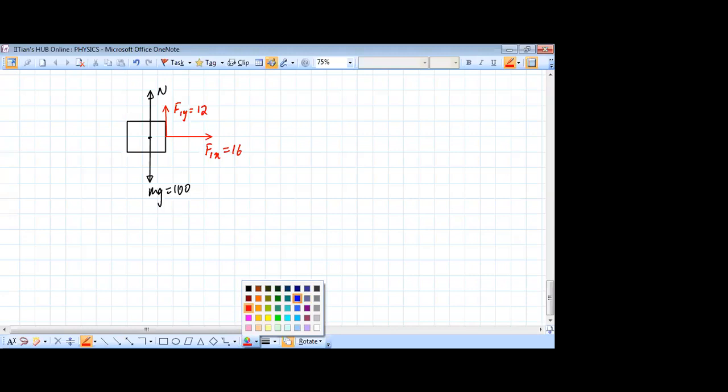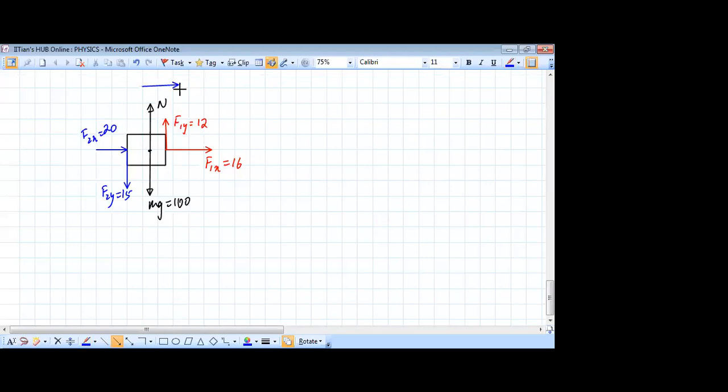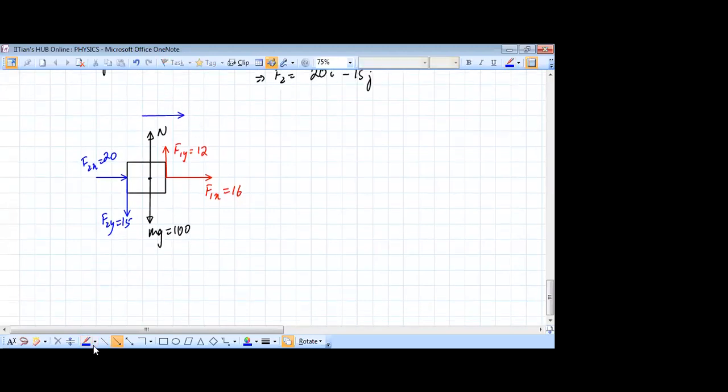And similarly F2, breaking it into components, F2's x component is 20 and F2's y component is 15. And the block is having a horizontal acceleration a, which we have to calculate, and a system of axes is, yes, Shikhar, you are correct.